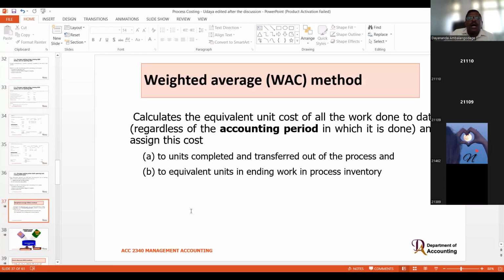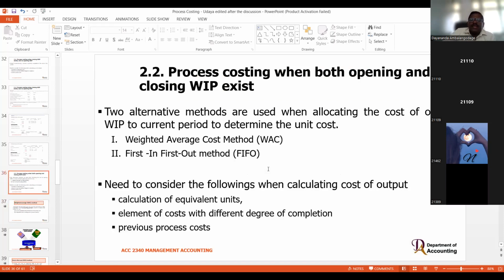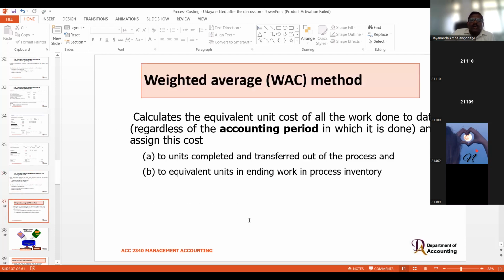Right. Shall we go to the weighted average method? Weighted average method means you just take the equivalent units completed and transferred out of the process and the equivalent units in ending WIP. So that's very simple. If you want to calculate the weighted average method, you only consider completed units and the closing WIP equivalent units. Only two matters.